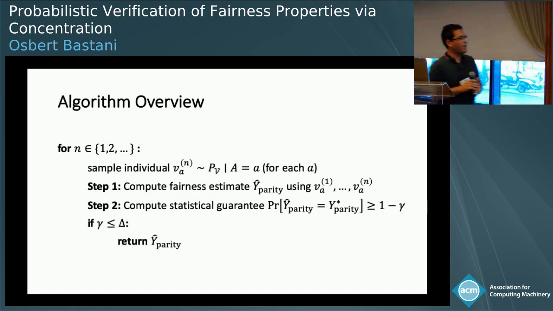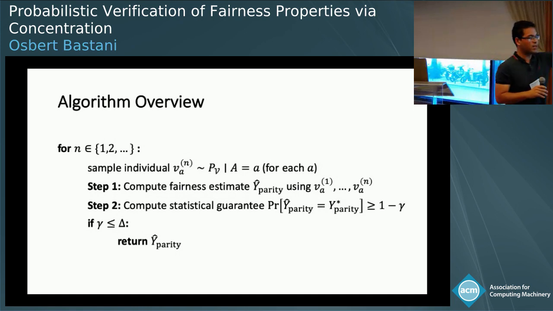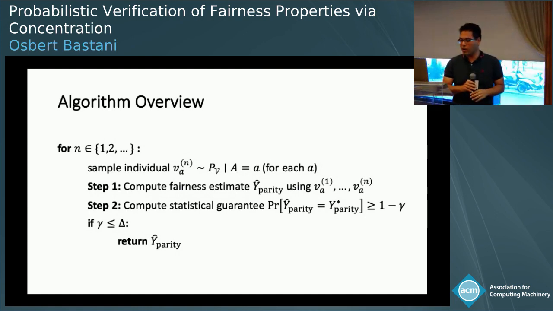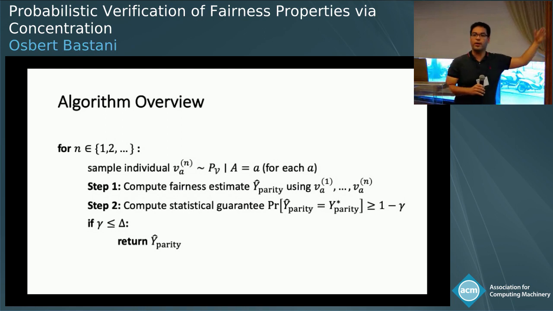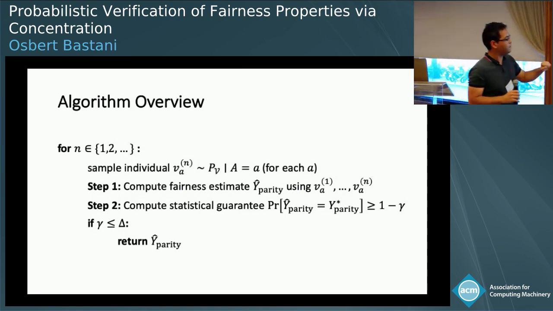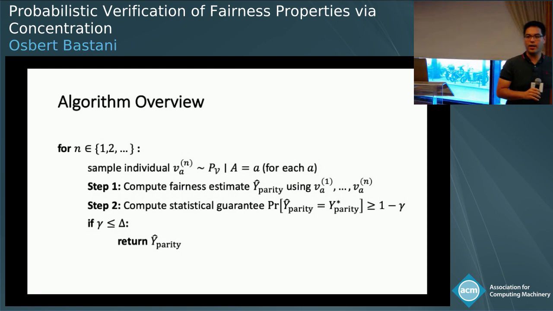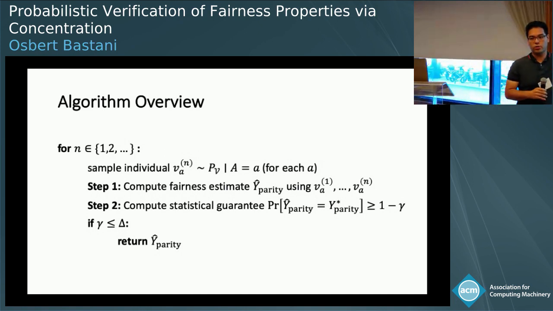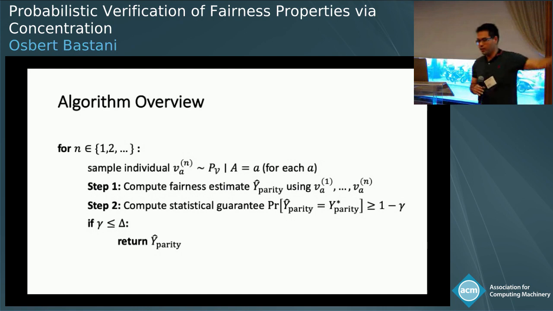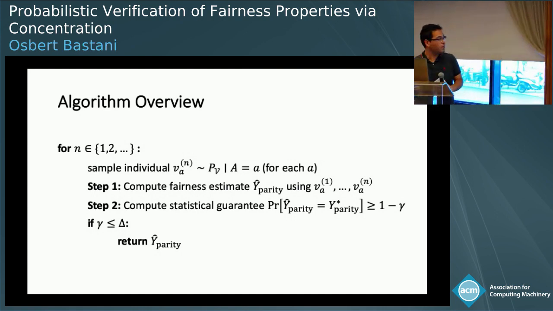And if we get a gamma that's sufficiently small, where big delta is a confidence parameter given by the user, then we return Y parity hat. Basically our algorithm will just keep iterating until it can get a sufficiently high confidence, and then it'll return. As we take N larger and larger, our statistical guarantee gets stronger and stronger, and eventually we can prove that this algorithm will return the estimate.